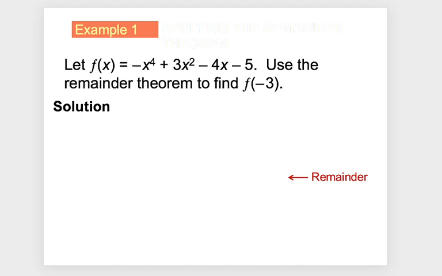As you're doing this, something you should be thinking about: there's no denominator here. We're only given the polynomial and then a value for x. Later on, we're going to use that value of x to determine what that denominator would be.